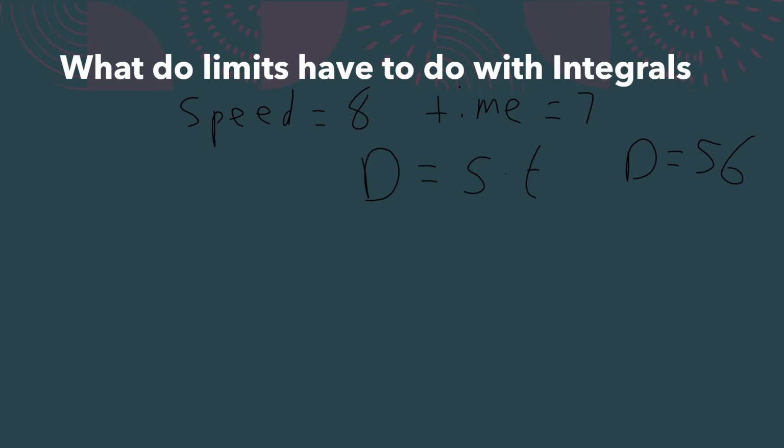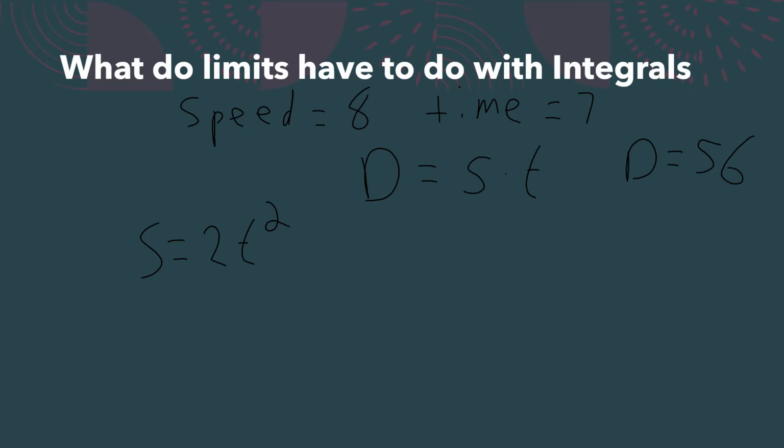Now that's not an integral, but that's the motivation behind the integral, because what if the speed is equal to 2t squared? How would we get the distance now?